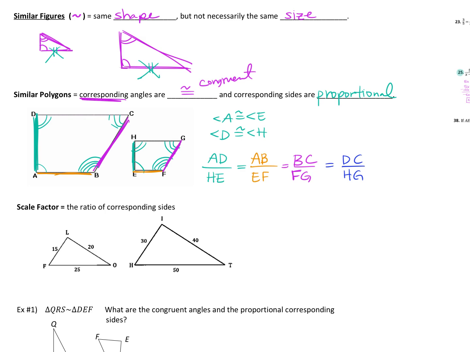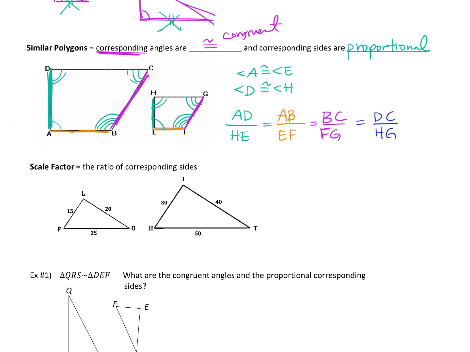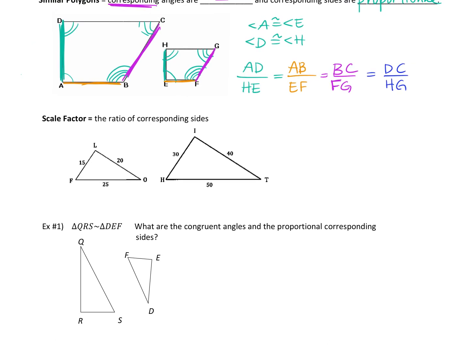Let me show you when there's actual numbers and angles involved. When we do this, it gets us what's called a scale factor. And a scale factor is just the ratio of all the sides, how they relate to each other. So in this case, can anyone tell me what the scale factor for this problem would be? It's 1 to 2, right?